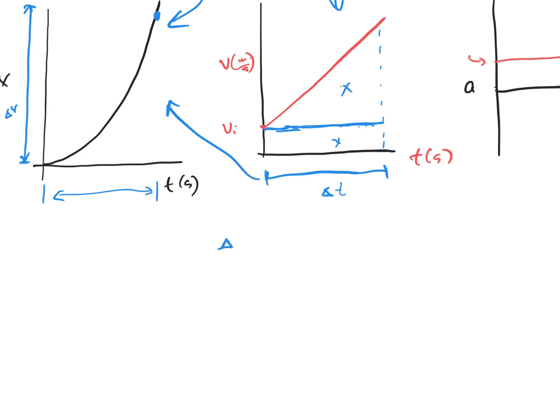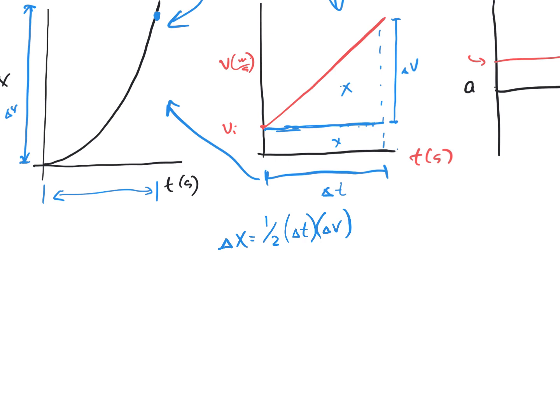So our delta x formula would be equal to the area of a triangle, which is 1/2 base times height. So 1/2, the base is going to be delta t, and the height is going to be the change in velocity from here to there, delta v, change in velocity.